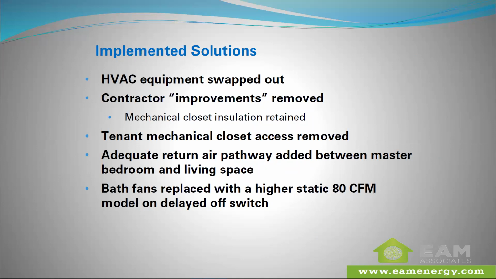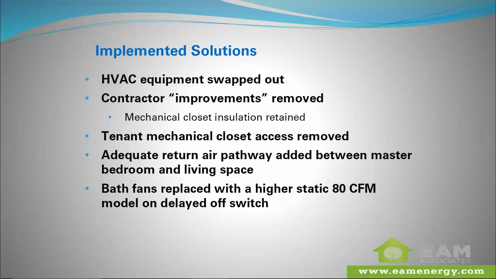The contractor realized that was an issue later and tried adding a transfer grill themselves. You really have to be careful, especially in some apartments, and look at your layout, because there's really only one way that the tenant or the homeowner is likely to lay out the furniture.